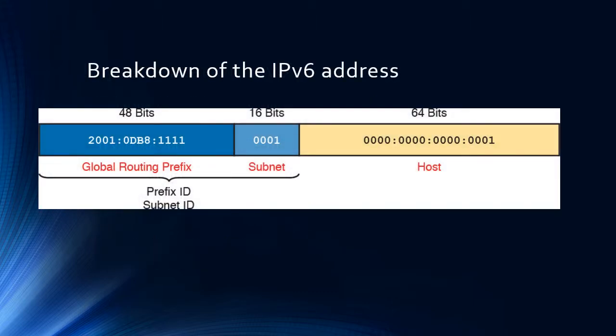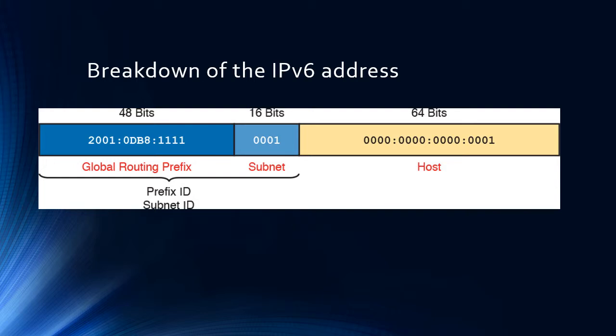This is the breakdown of the IP version 6 address. The first 48 bits, as seen on the left, are used as the global routing prefix. This is followed by the next 16 bits for the subnet, and the remaining half of 64 bits is used as the host bits. An easier way to understand this is to recall the mailing address example mentioned earlier.